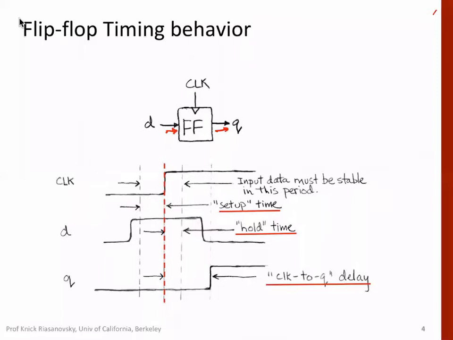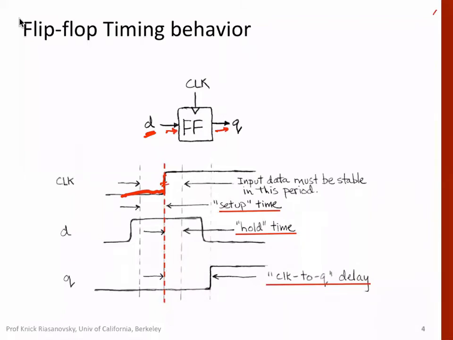We have a clock signal here, and the transition happens only at the rising edge. Before the rising edge, or positive edge, the signal, that is input D, has to be stable for some time.